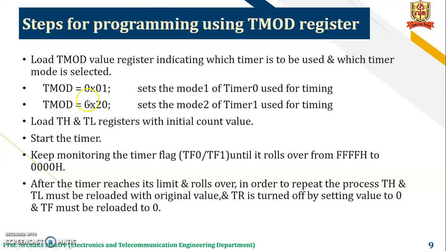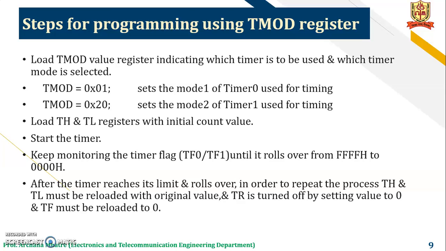So TMOD is equal to 01H for mode 1 and timer 0, and TMOD is equal to 20H for mode 2 of timer 1 used for timing. Load the TH and TL registers with the initial count value, then start the timer, then keep monitoring the timer overflow flag until it rolls over from maximum value to minimum value.